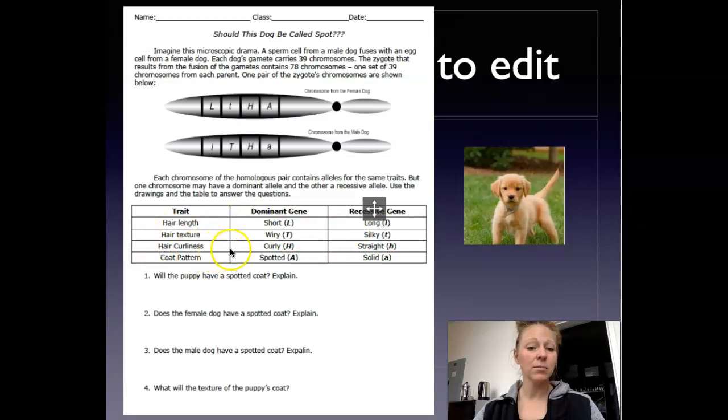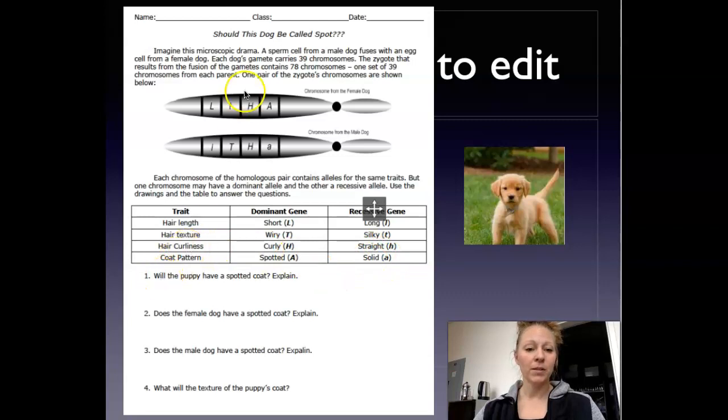Hair curliness, capital H is going to be curly hair, and lowercase h, or recessive, is going to be straight hair. Coat pattern is going to be spotted dominant with an A, or solid recessive with a little a.